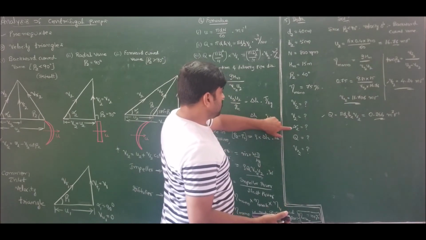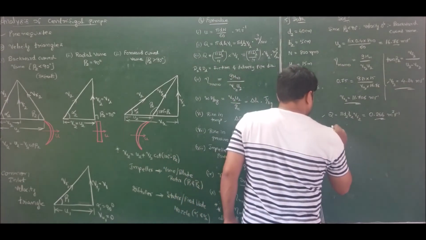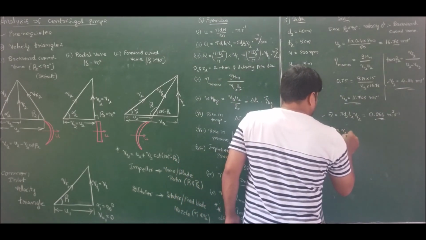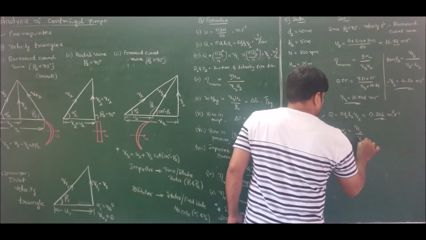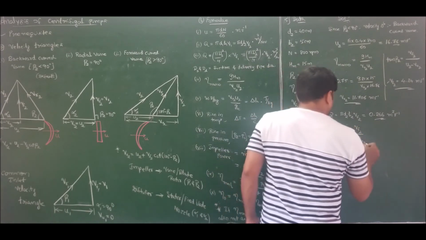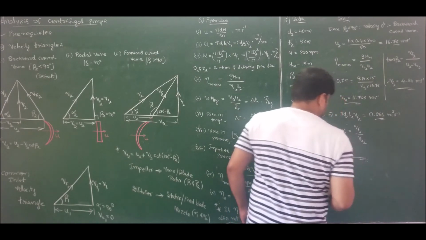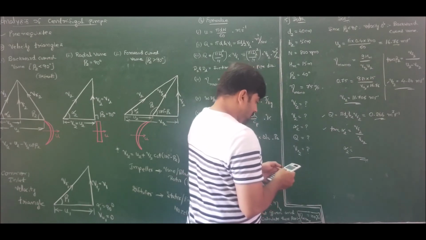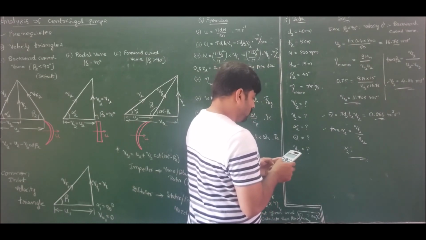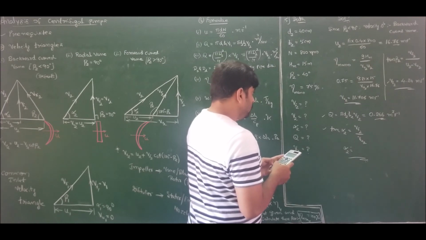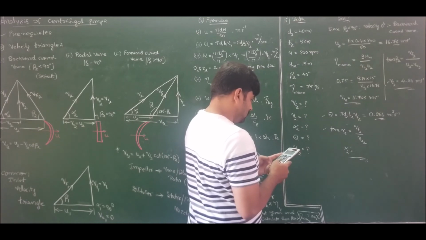Now to calculate the value of alpha 2, use tan alpha 2. If I use tan alpha 2, I will get the equation as VF2 by VU2. So therefore, I will get the value of alpha 2 as tan inverse of VF2, 4.24, divided by VU2, 11.706.